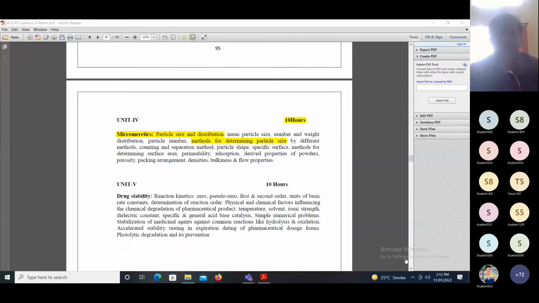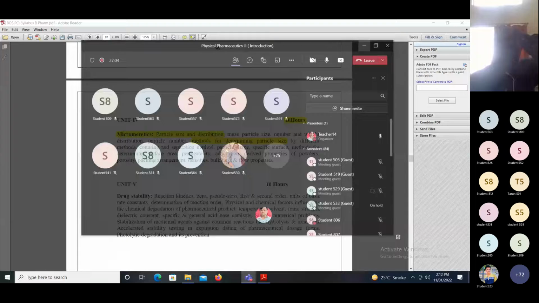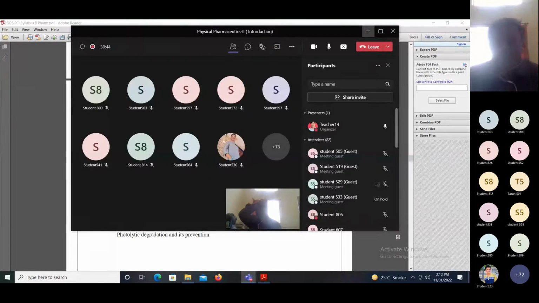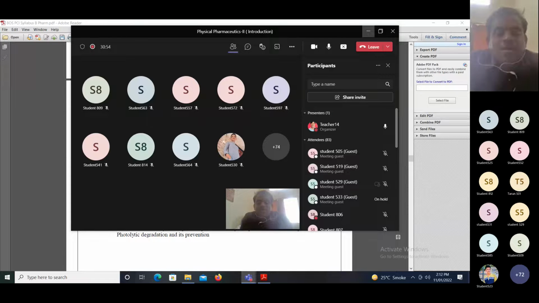And after the size, you have to go for determination of the shape of the particles. The shape of the particles is also possible to determine by using SEM or TEM, and the size range is also possible to determine by using SEM.